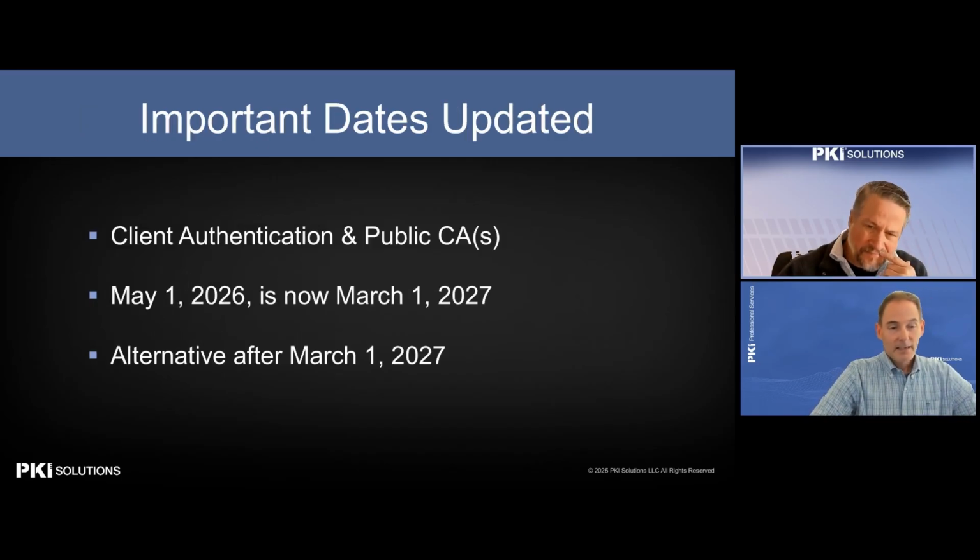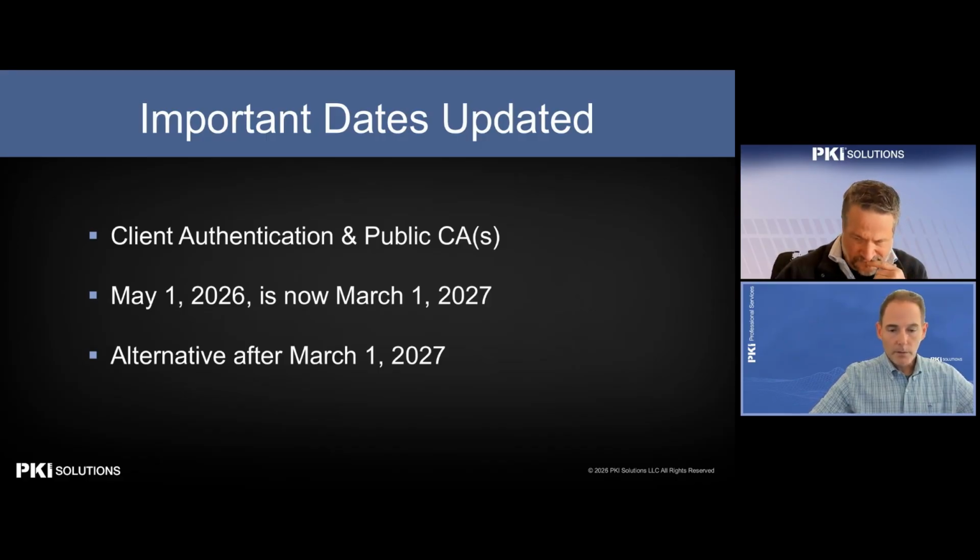Yep. And so with the dates here, this is, I think, a bit of a perfect storm, back to my analogy earlier. Initially, the public CAs at the CAB Forum had said, thou shalt not issue client auth certs any longer after May 1st of 2026.